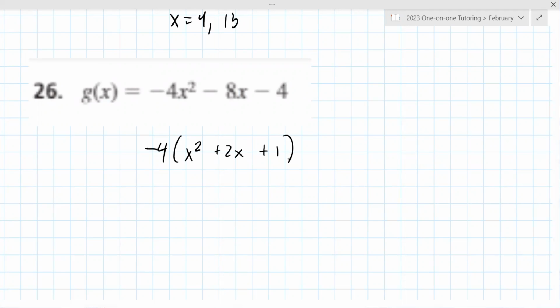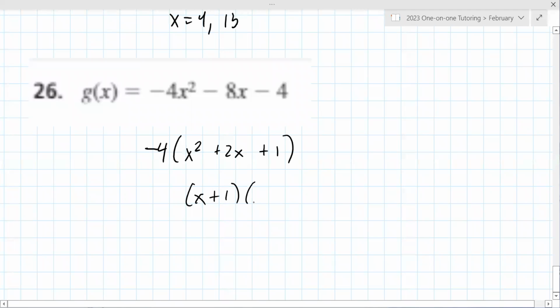Then something has to add to be 2 and multiply to 1. So x and x, or add 1 and 1. So x plus 1 times x plus 1.